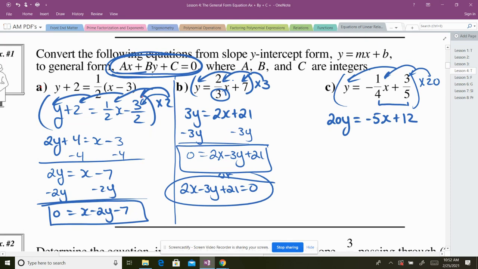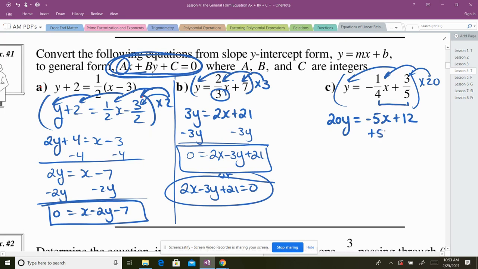This is good for when we're doing algebra as well, if you want to get rid of fractions. It's a good technique to know. Now, what do I do? Which side do you want to move stuff to? Yeah, you want to move the 5x to the other side because you want the number in front of the x to be positive, right? The a value has to be positive.